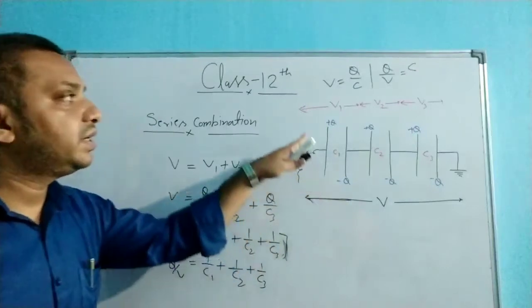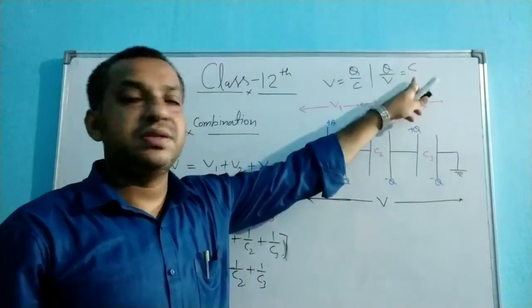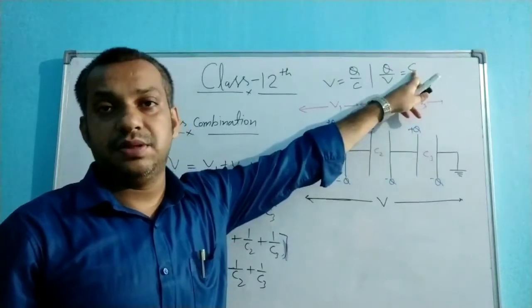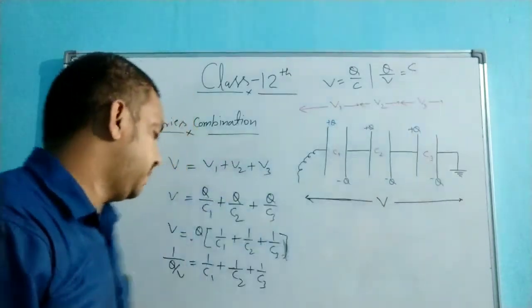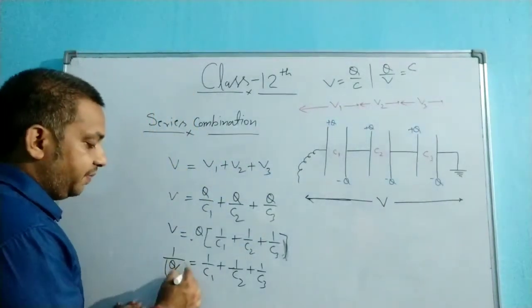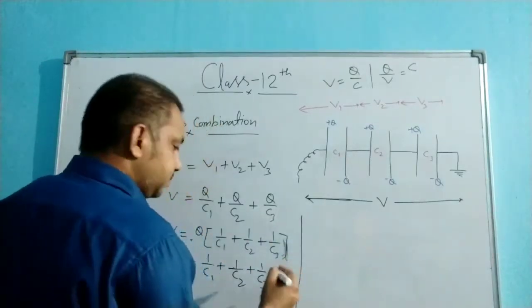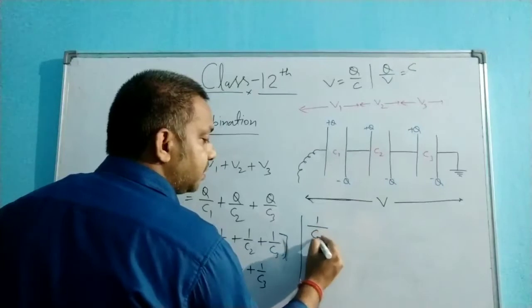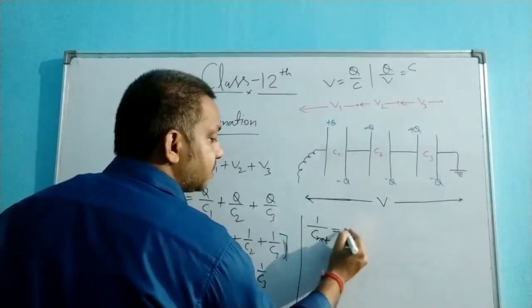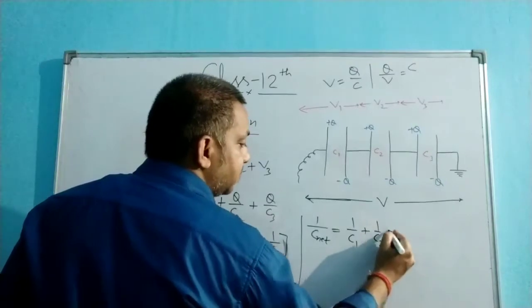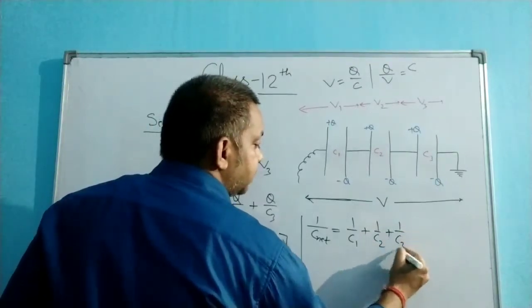So Q by V is equal to C, meaning total charge upon total voltage equals the total capacitance. So in place of Q by V, I can write the total capacitance. So you will write 1 upon C net is equal to 1 upon C1 plus 1 upon C2 plus 1 upon C3.